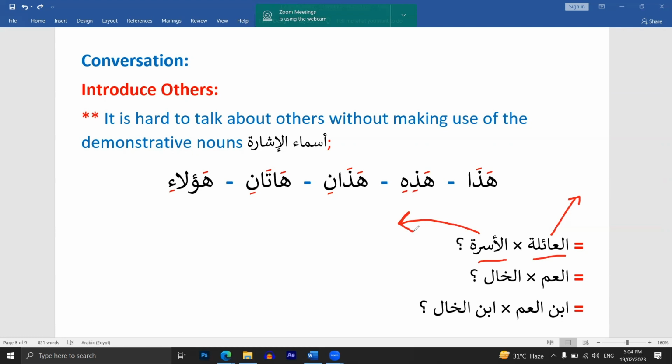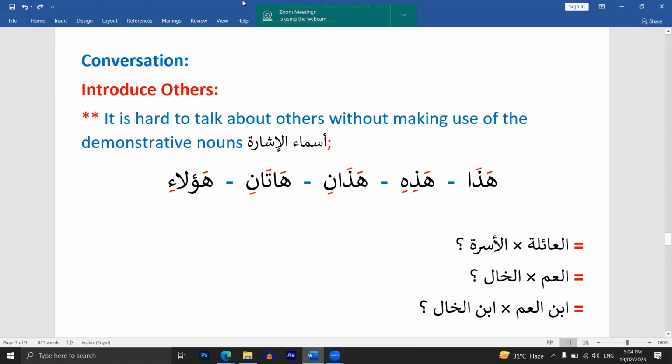Because in English, we are using only one concept for both of them, family. Or maybe we will have to add extended family to differentiate it from family. Or do we have anything else in English? Maybe, I don't know. Then the difference between al-am and al-khal.